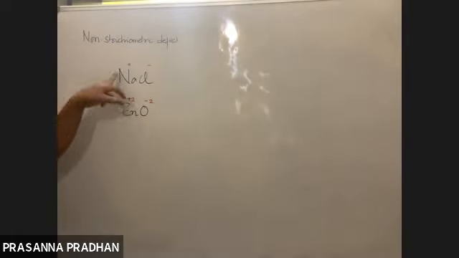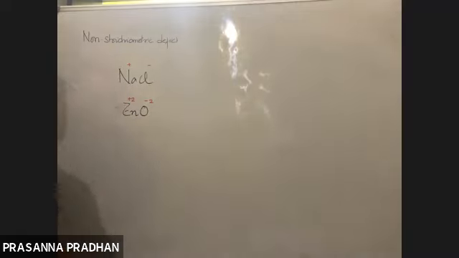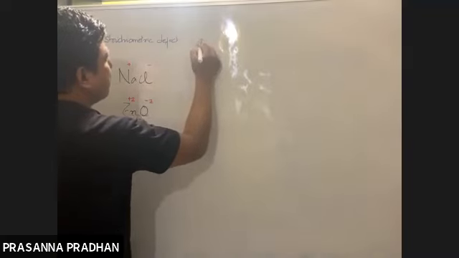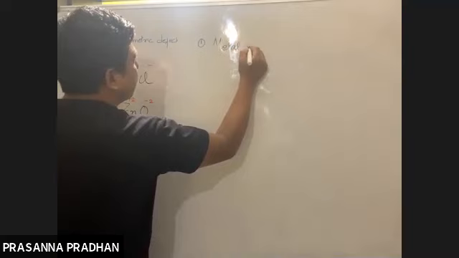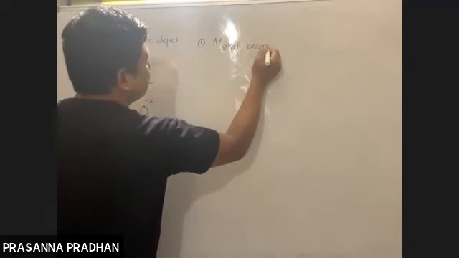Cations are made up of what? Metals. Cations are made up of metals. Right? Got it? Cations are normally made up of metals. So non-stoichiometric defect में क्या हो सकता है? Number one, there can be a metal excess defect. Right?